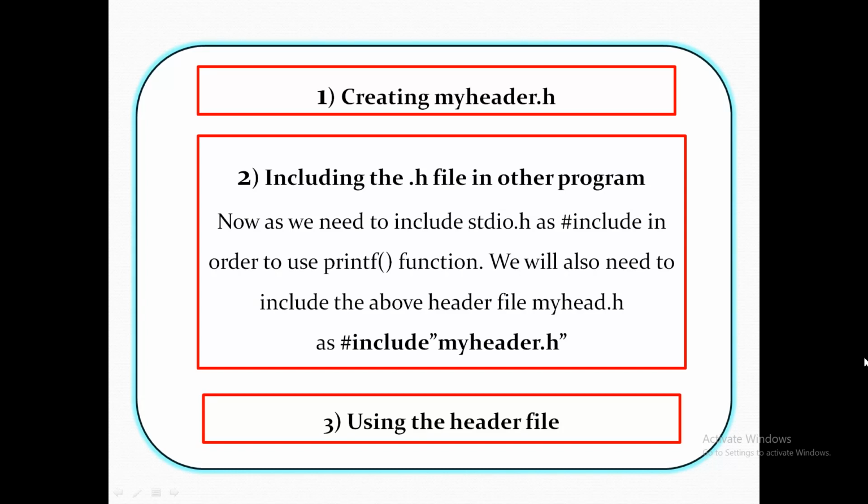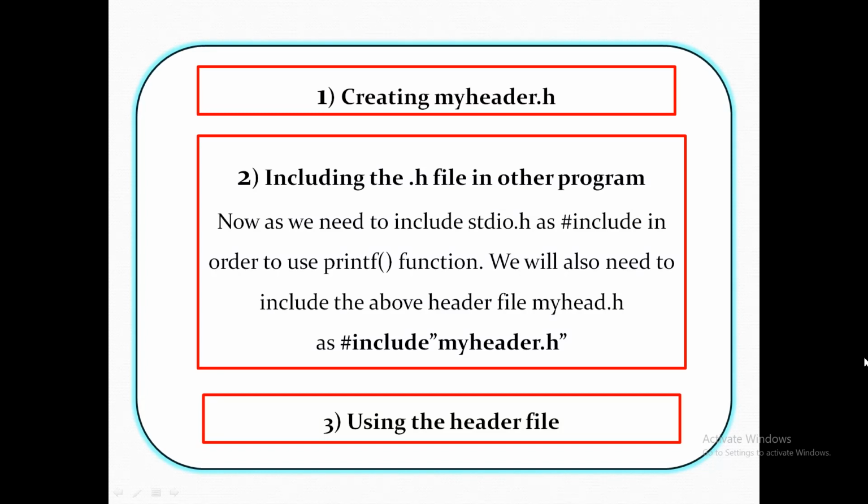Even in the Turbo C compiler or any other compiler, you will see folders like include and bin. In the include folder we have different header files, so you can save your header file there and use angle brackets. But if you are saving the header file and the C program in the same folder, then you should use double quotes. And the third thing is using the header file.